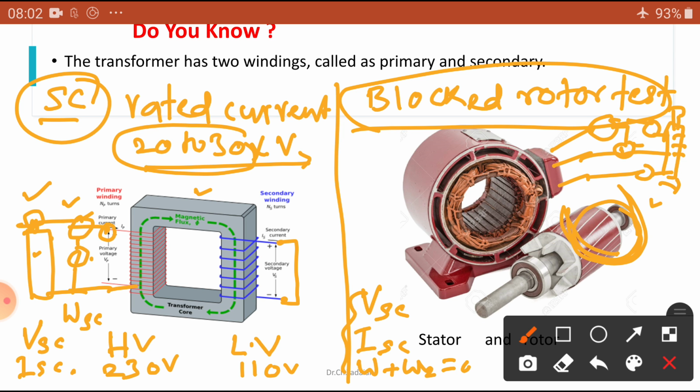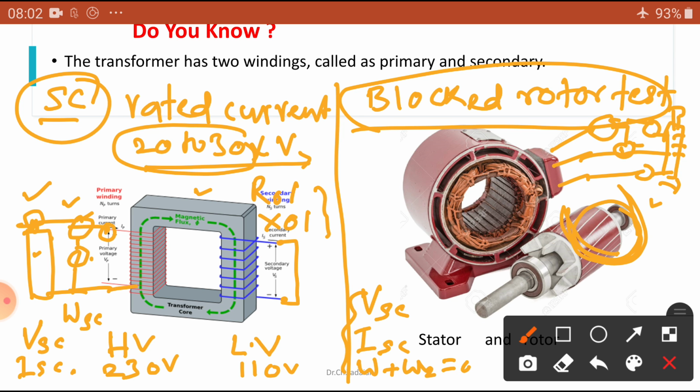Okay. From this, we are going to calculate the parameters. What are the parameters we are going to calculate? In the short circuit test, we are going to calculate R01 and X01 referred to the primary side.